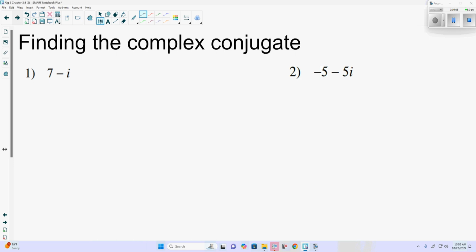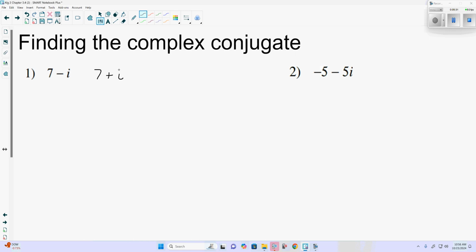So changing the verb tense is to conjugate, or here a conjugate pair, a complex conjugate is its opposite, so it's going to make it whole. So here, if we look at the first one, 7 minus i, the complex conjugate of it would be 7 plus i. Because if a plus bi is a solution, a minus bi is a solution.